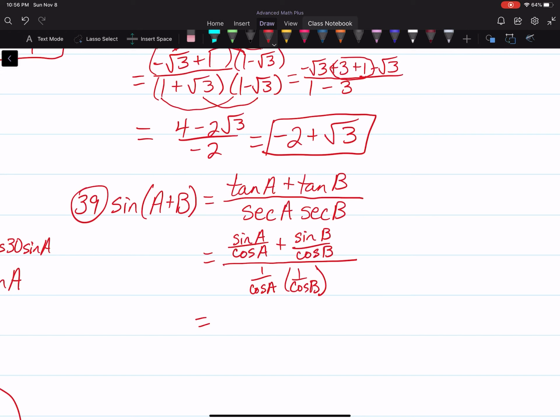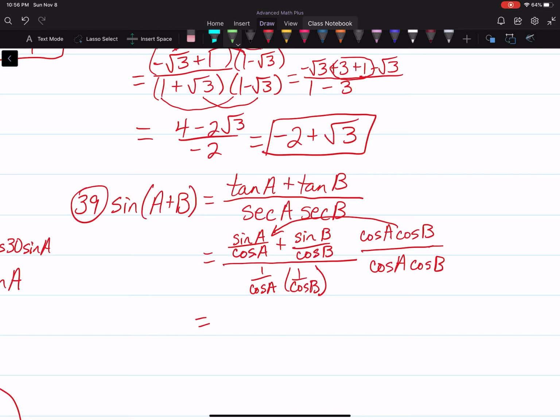All right, then I am going to multiply because I want to get rid of this denominator on top and bottom. So I'm going to multiply the top and the bottom by the denominator, cosine A, cosine B. When you do that on top and on the bottom, we're not changing the value of it because we're just multiplying it by 1. On the top, when we distribute here, the cosine A's cancel.